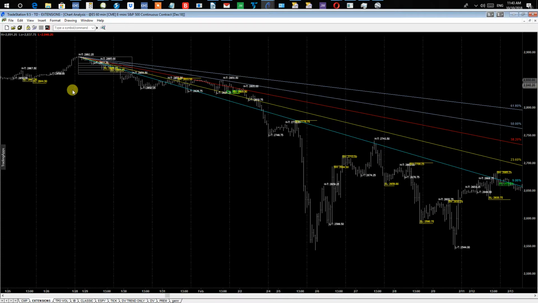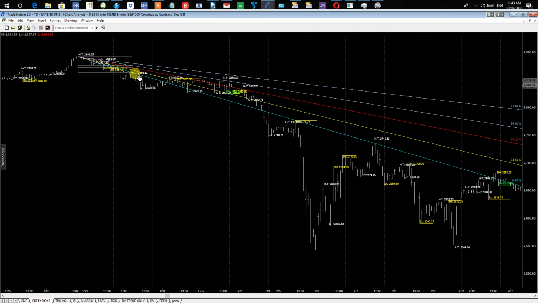Let's use a falling market looking for lower highs. In this case, what you'll do is choose a starting point, a higher high, and a subsequent point, a lower high. So here our higher high was at 28.92.25.